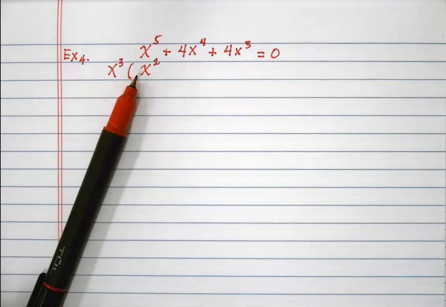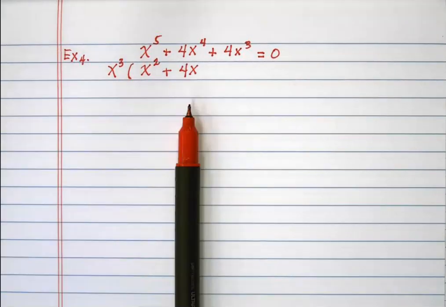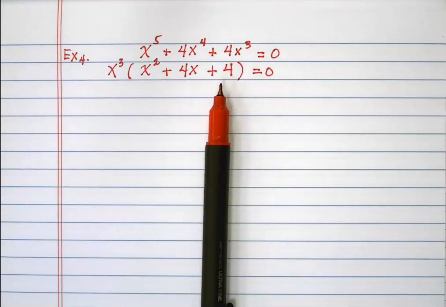Turning this to be x squared now, and then 4x to the fourth divide by x to the third will give you 4x. Then for our last term, 4x to the third divide by x to the third will give you a 4. Notice that for this trinomial, it can still be factored out. So we are going to go further.